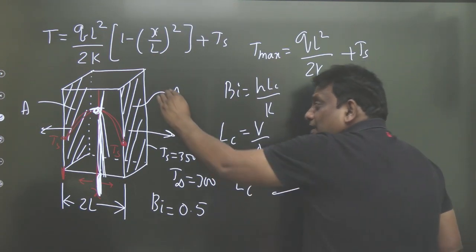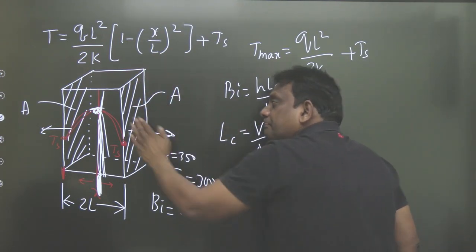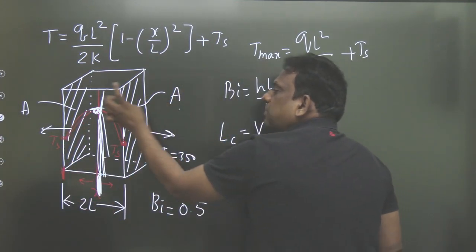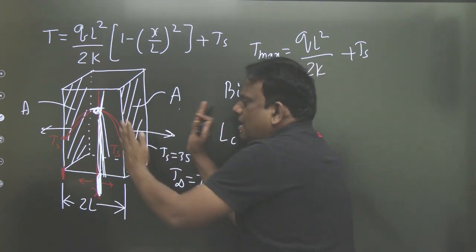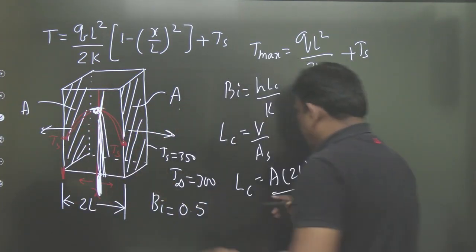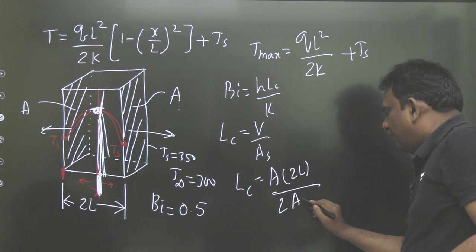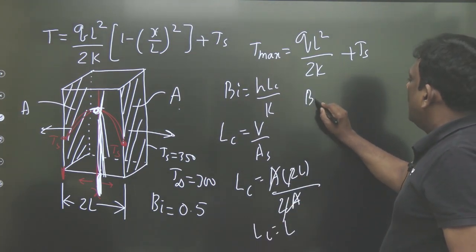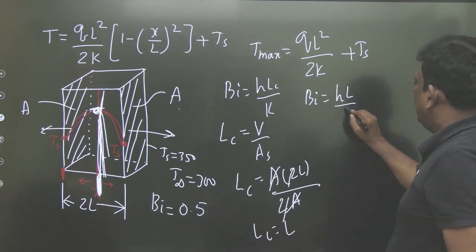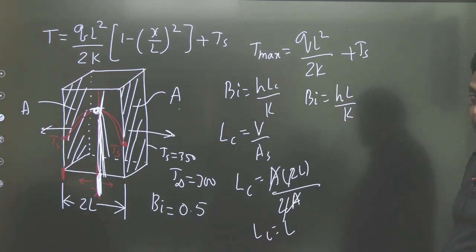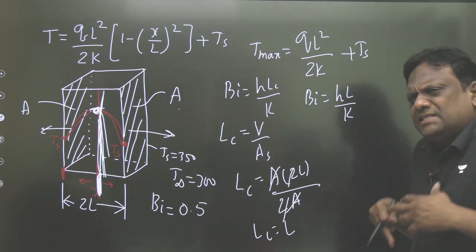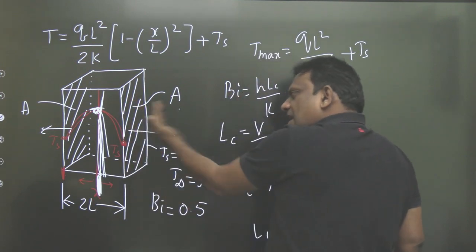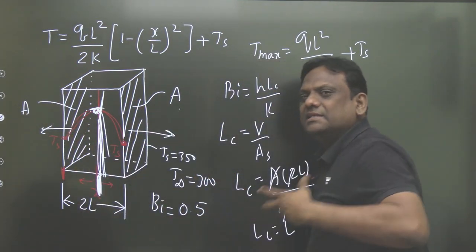Convection is occurring from this area and this area. So what is the total surface area? A plus A, it is 2A. So the 2 cancels, and A cancels. So the characteristic dimension is L. So therefore, the Biot number is given by HL by K. One more beautiful concept. It is a steady state. So whatever heat is generated in the slab should be convected from this side, and it is a symmetric slab.